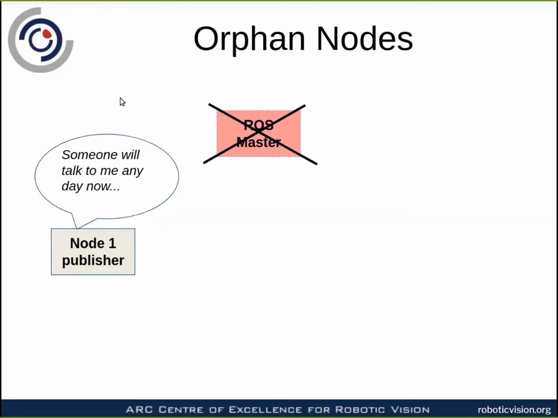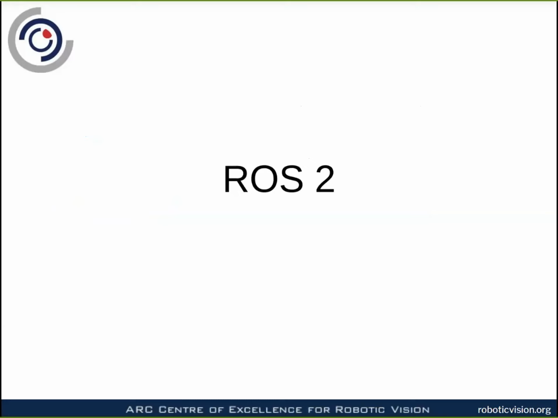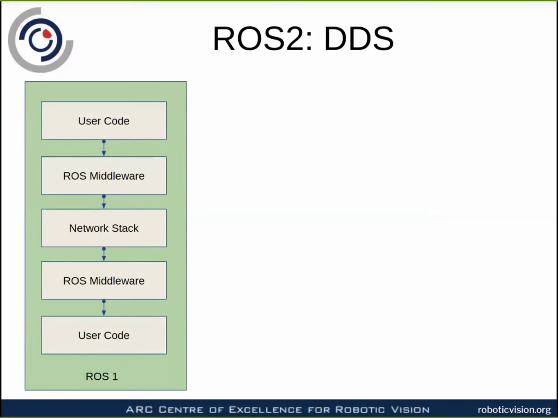Another issue with this is that all the nodes have to know where the master is. So if you have ROS split over multiple machines, the location of the ROS master has to be addressable by every machine on the network. All right, so moving on to ROS2 now. So in ROS1, the way that your system is set up is you have your user code.